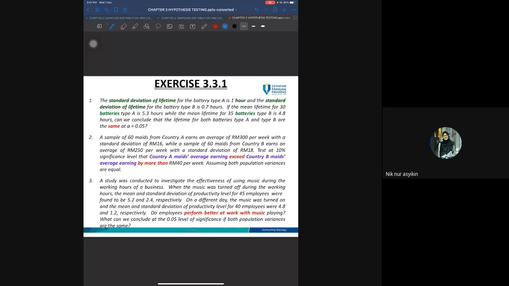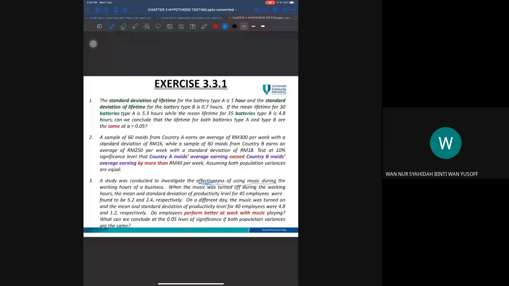The effectiveness of using music during working hours. This is the reason why we conduct this study. The reason why we perform this experiment is to investigate the effectiveness of using music during the working hours of a business. The variable is the data that has been collected, the raw data. What is that?